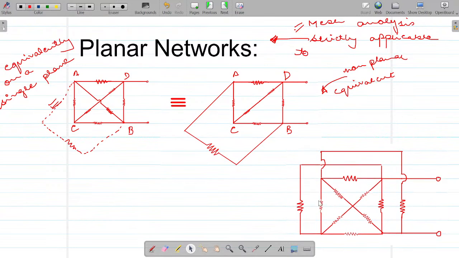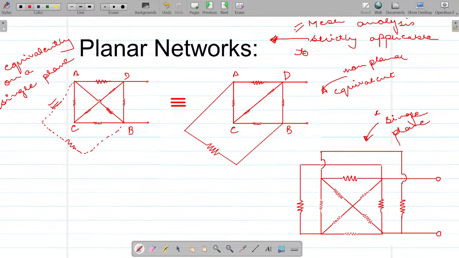Now, try to redraw this circuit at your home and see if, in any situation, you can reduce this circuit to a single plane. This is an exercise for you.